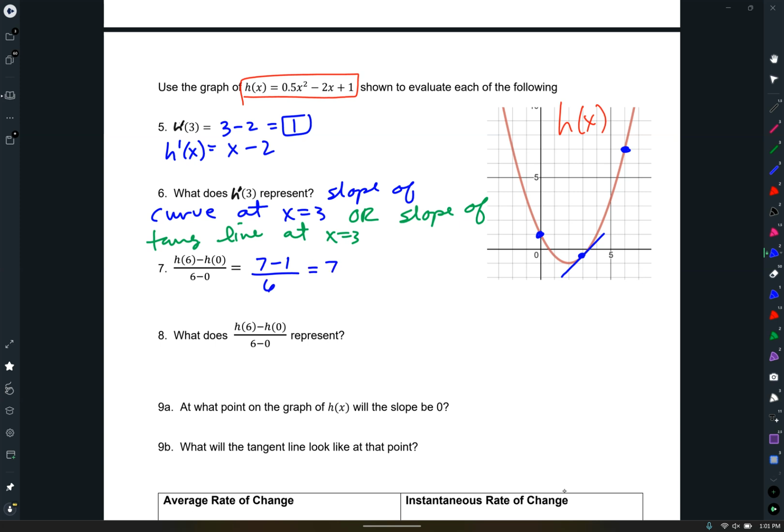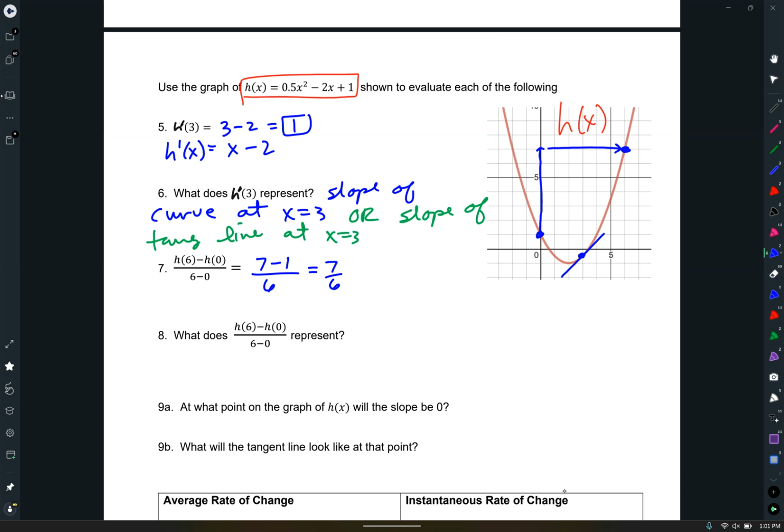So that comes out to be 7 over 6. What does that represent? Well, didn't I just find the slope between those 2 points? You could even check it out. You could say, hey, look, I'm going up 7 and over 6. Make sense?